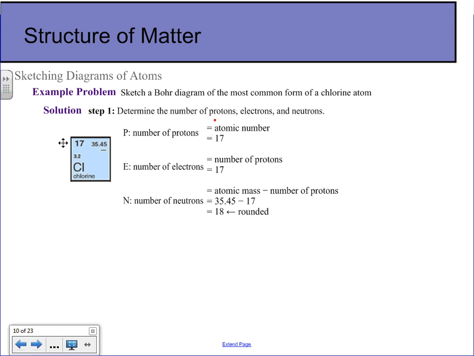The number of electrons is equal to the number of protons because it is a neutral atom, meaning 17 electrons. The number of neutrons is the atomic mass, in this case 35.45, minus the number of protons, which is 17. We are going to round that off and it becomes 18 neutrons.